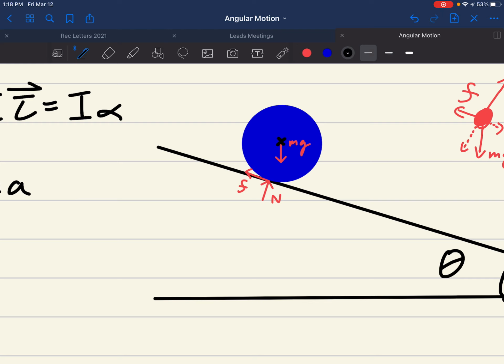Similarly, the normal force: you could think about a moment arm existing right about there, to the point where normal force and friction act. Normal force is pushing directly towards my axis of rotation, so it's not exerting any torque either. The only force exerting a torque is this friction force, F.